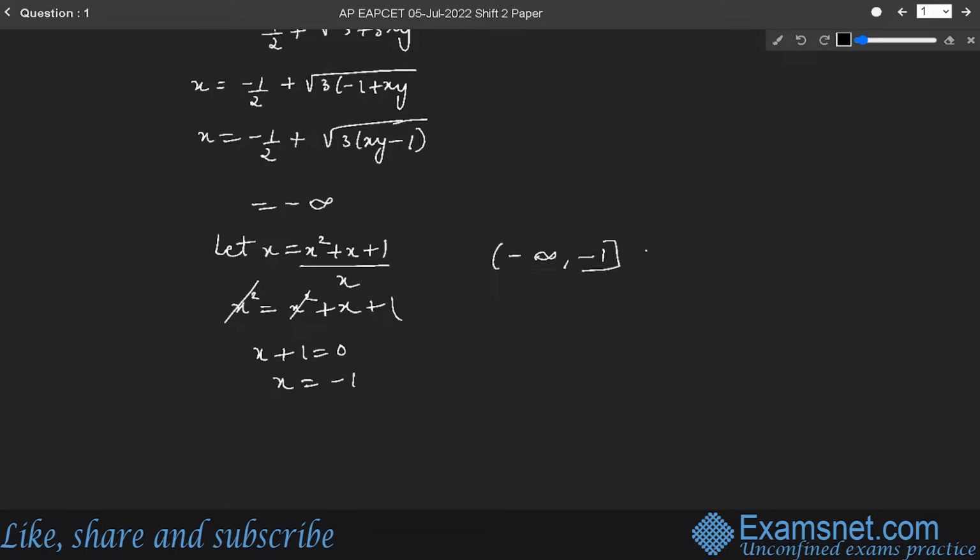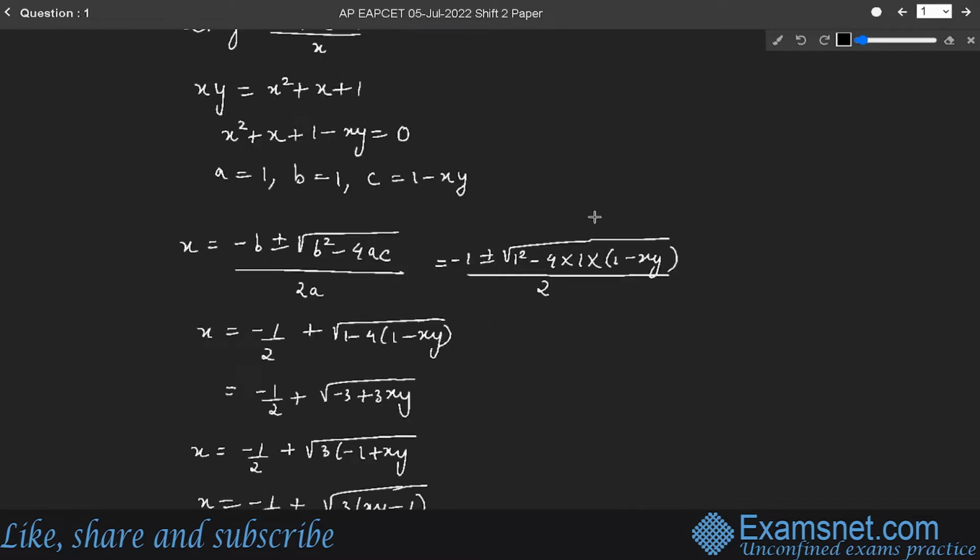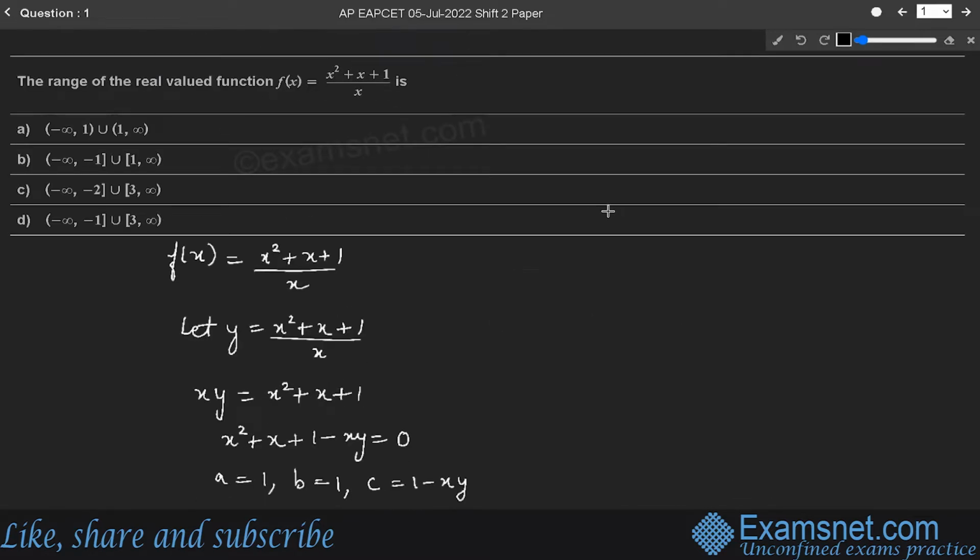Also, 3 and infinity. Therefore, we can say that this is the range of the given function. So the correct option for this question is minus infinity to minus 1 union 3 to infinity, which is option number D here.